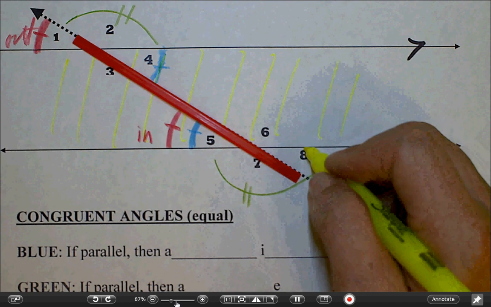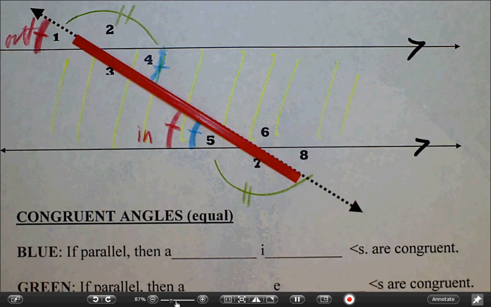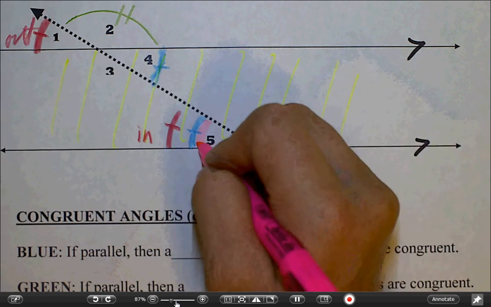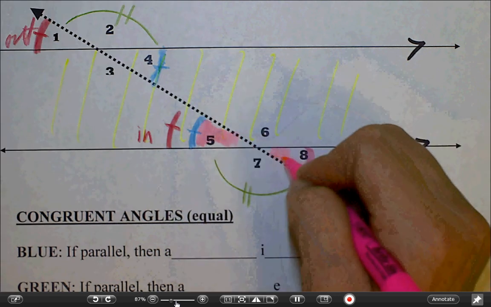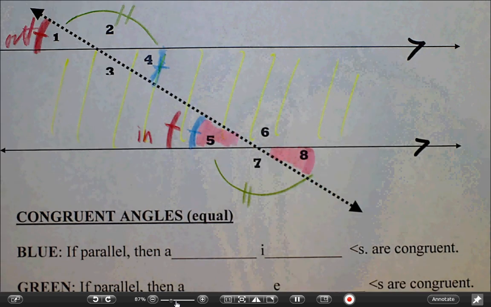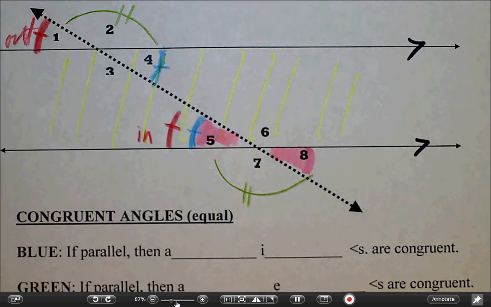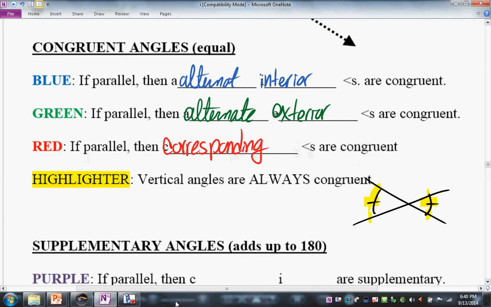Then you need to watch out for vertical angles. Vertical angles are always congruent. An example of that would be like 5 and 8. Those are vertical. So when lines become parallel, all of these angles are equal. Verticals are always congruent.